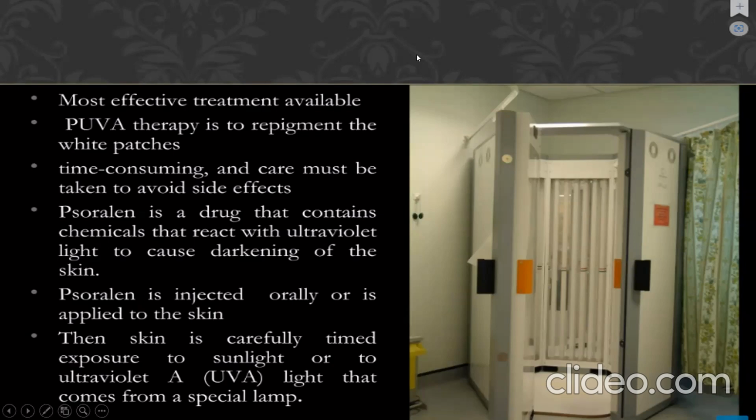Sometimes psoralen is given orally or is applied to the skin. It is available in both forms, oral and local application. Then skin is exposed with carefully timed exposure to sunlight or to ultraviolet A light that comes from a special lamp.